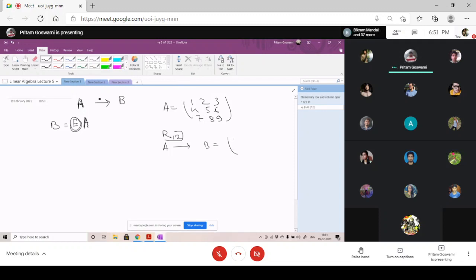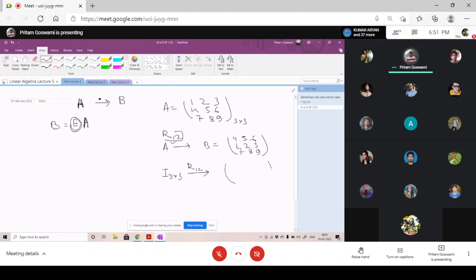Tell me, anyone? 4, 5, 6, 1, 2, 3, 7, 8, 9. Right. Now look, this matrix is a 3 cross 3 matrix, right? Let us take the 3 cross 3 identity matrix and use the same operation you used here, so basically R12.